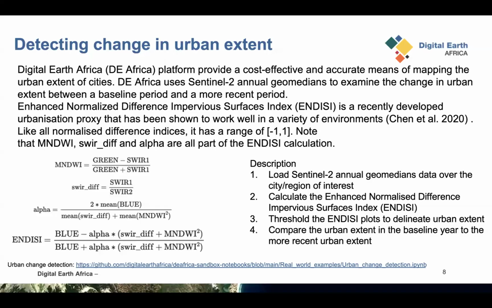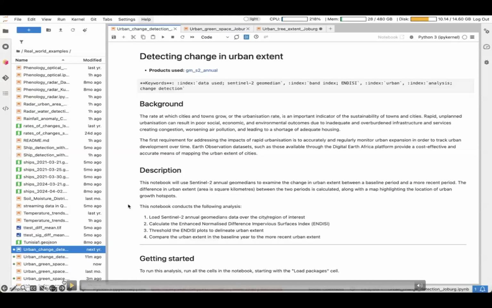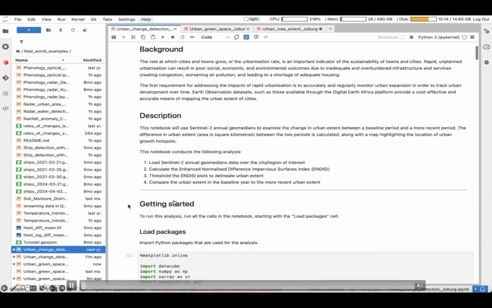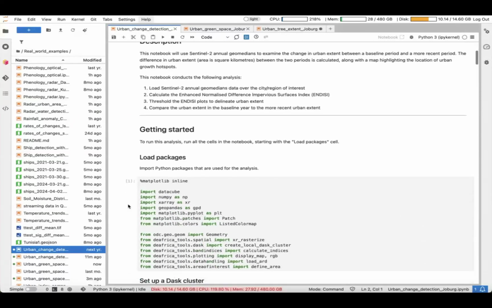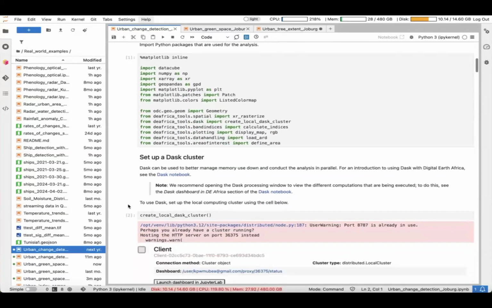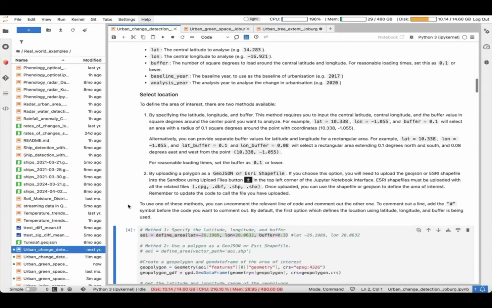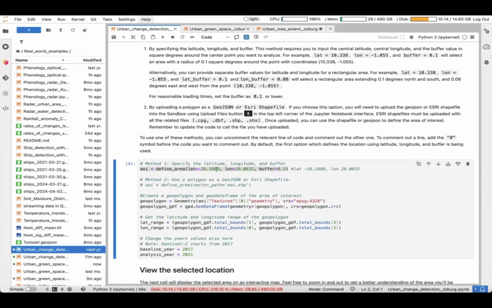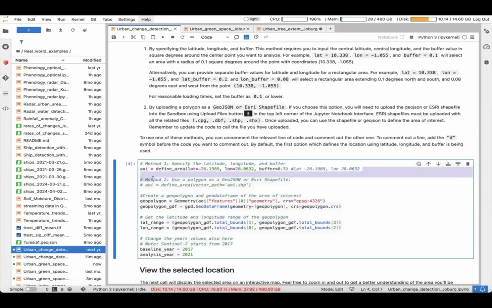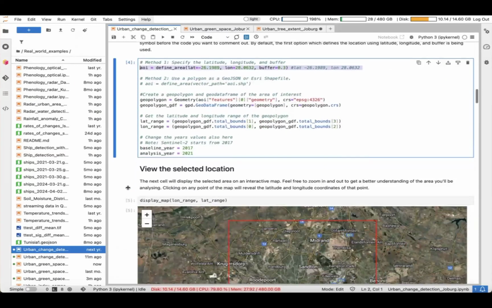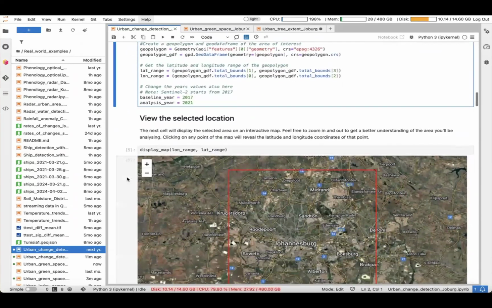And on this one, we've been able to work with different partners. So we have our notebook in the sandbox. Typically, in your real world examples, you're able to access the urban change. It just requires your intervention in terms of changing the area of extent and providing the timelines.